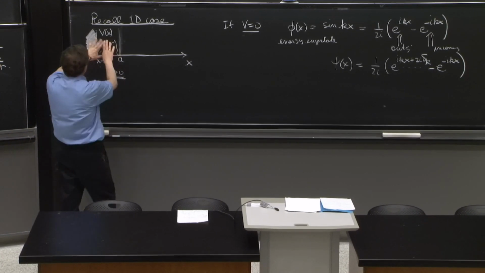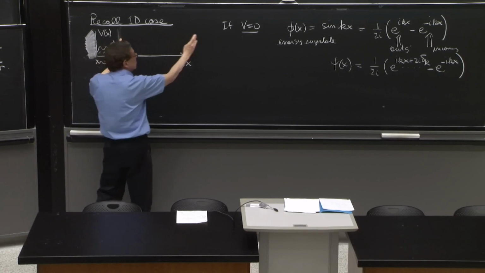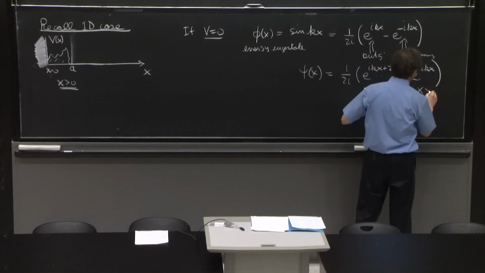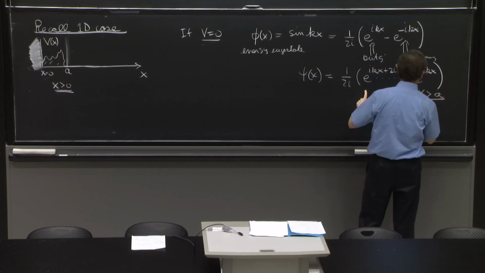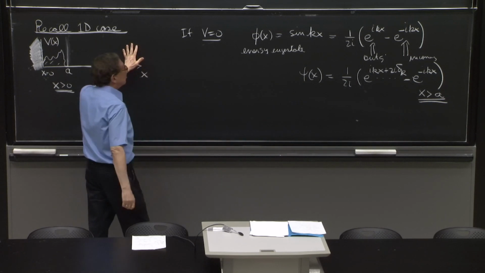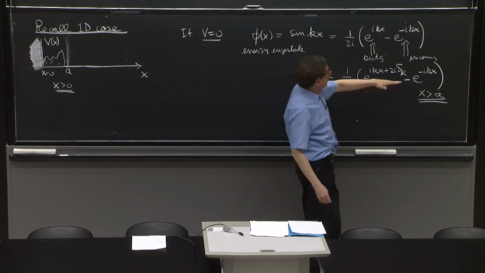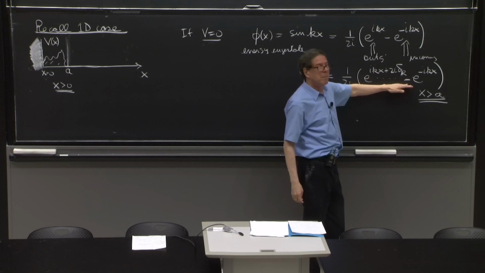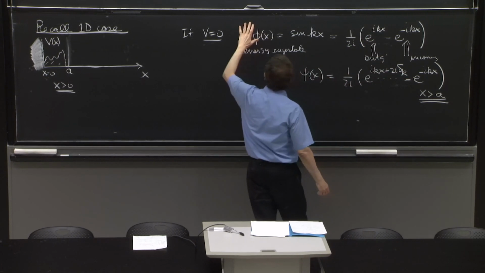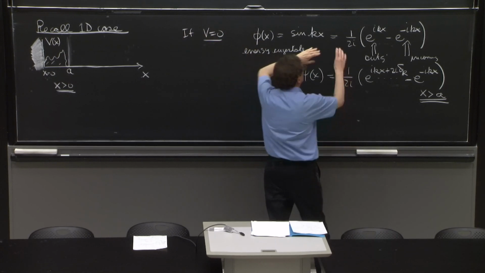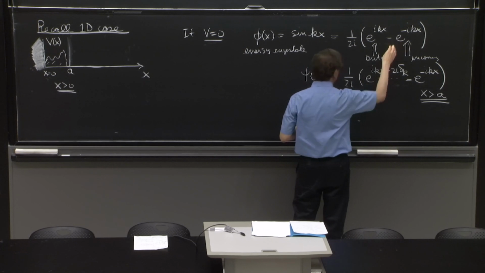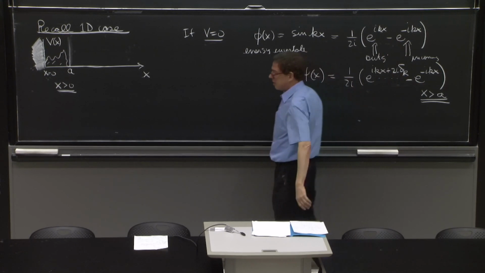You have to solve what's going on here, but outside, and this is only valid for x greater than a, outside where the potential is 0, you must have that the solution is of this form. Here, this is for 0 potential everywhere, so this was valid everywhere, but in particular, it's also valid for x greater than a, and here we compare these two things.